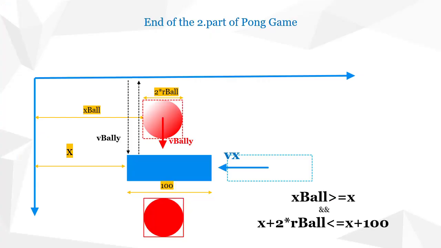You can see the previous position of the rectangle and the ball with the dotted line. The bounce condition will be fulfilled only when the ball misses the rectangle, and then the ball should not change its direction. This problem will be solved in the next video.